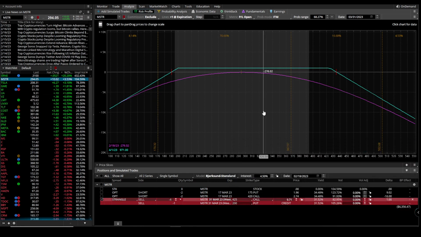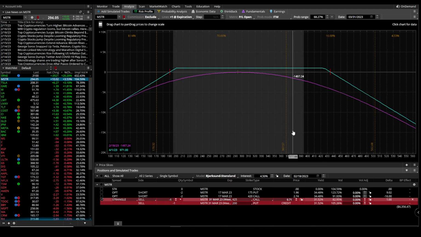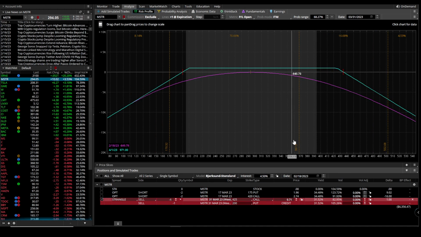So for $5,300, you're getting about a $971 premium on the trade. It's not a bad way to do a strangle if you have the buying power, if that $5,300 is between 1 and 3% of your total portfolio. Look for my other videos on buying power reduction, volatility, best practices, and sizing.